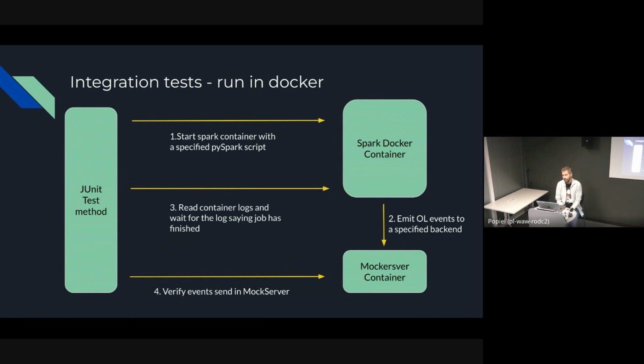While it is running, it emits OpenLineage events to the mock server, and the JUnit test method is reading the logs of this Docker container, and at some point it finds out the processing has finished. Then it stops and goes to the mock server and verifies what events were emitted. Do they include what I expected? If yes, it is passing.